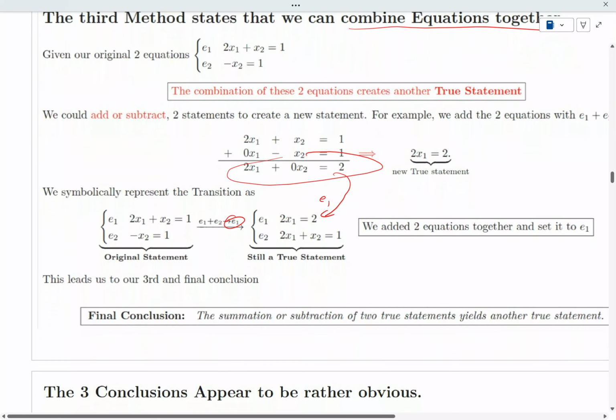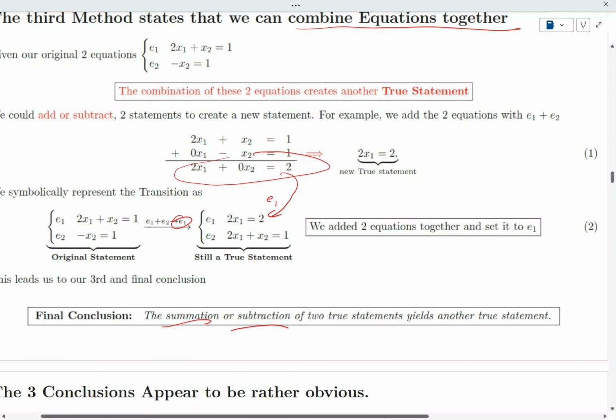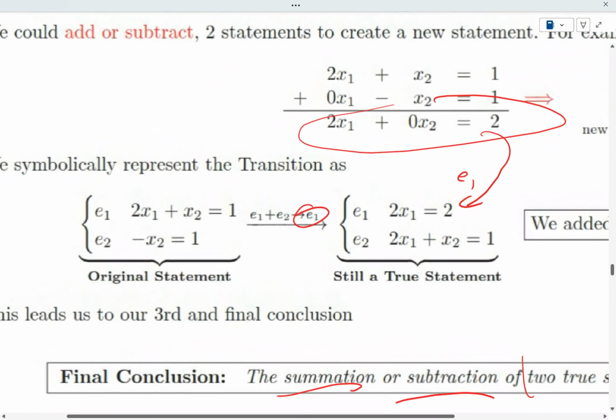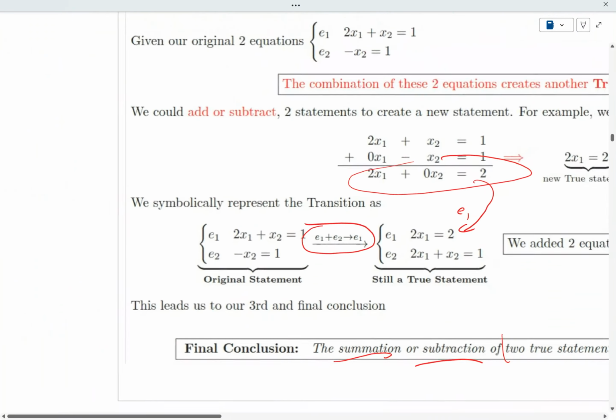This leads us to the third and final conclusion, which says that the summation or subtraction between two true statements yields another true statement. So you can also combine them to create a new true statement. And essentially, the action is defined using this notation.